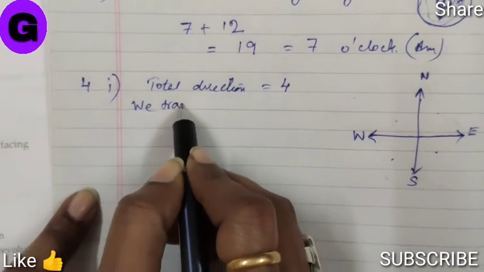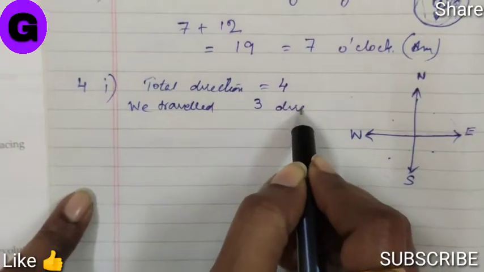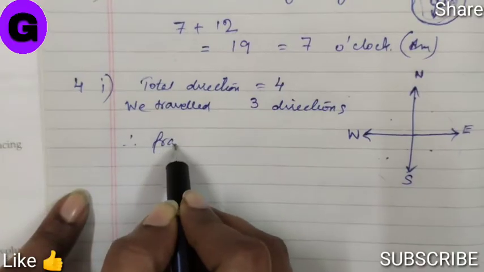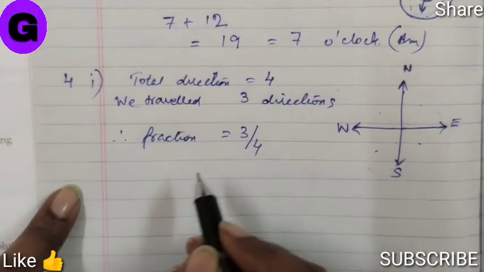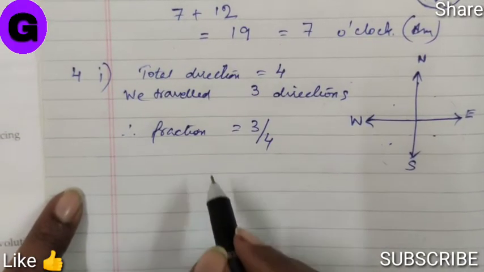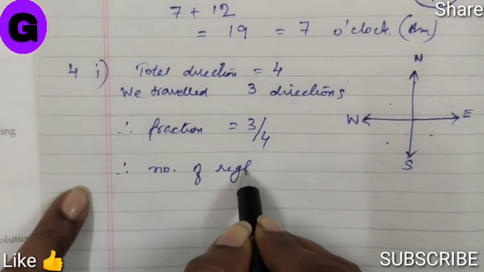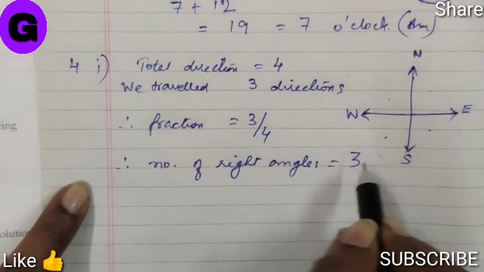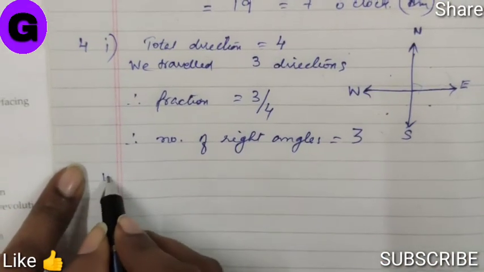We traveled 3 directions. Therefore fraction is equal to 3/4. And then we have to also find the number of right angles turned in each case. Therefore, number of right angles is equal to 3.